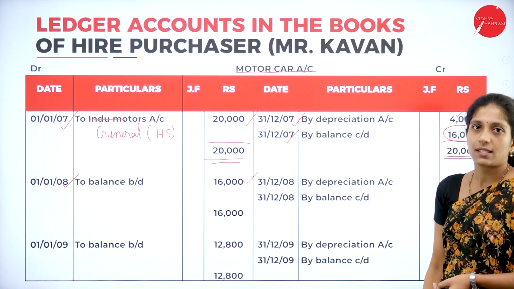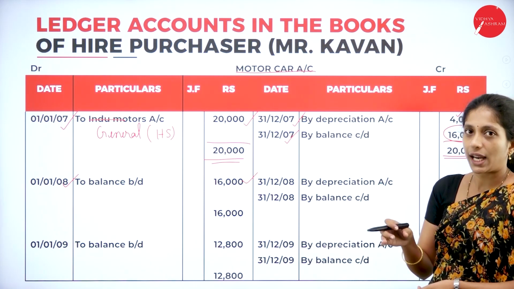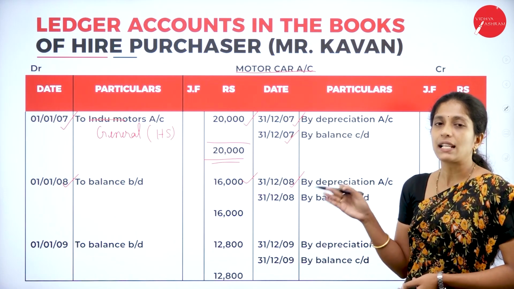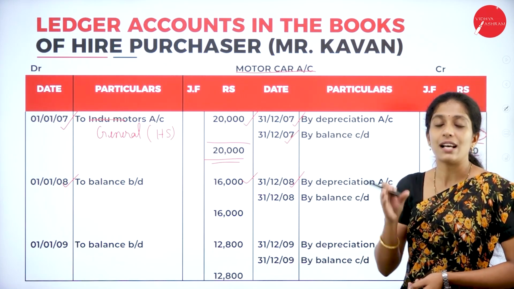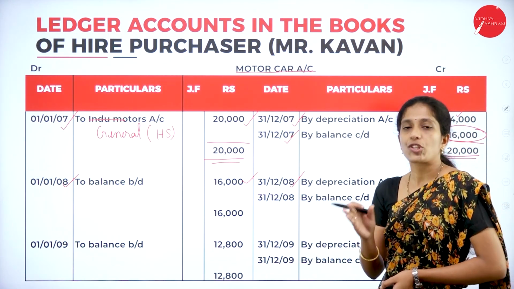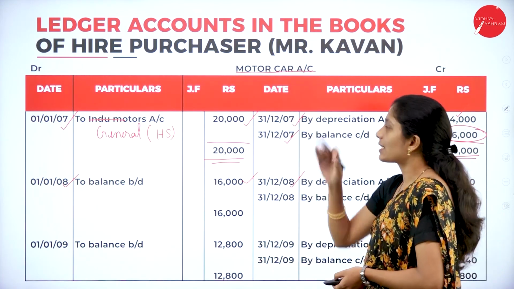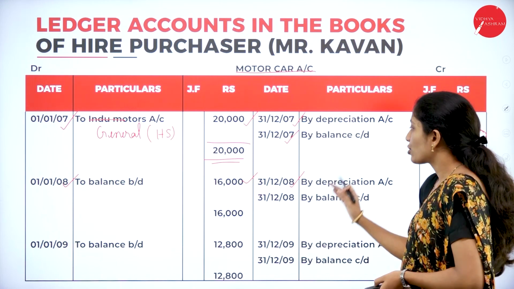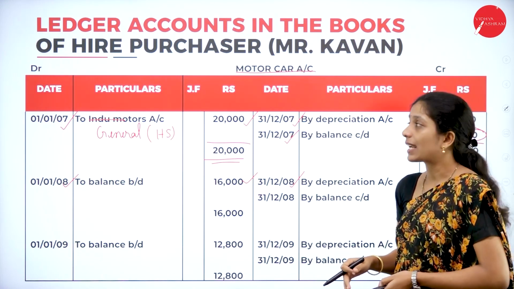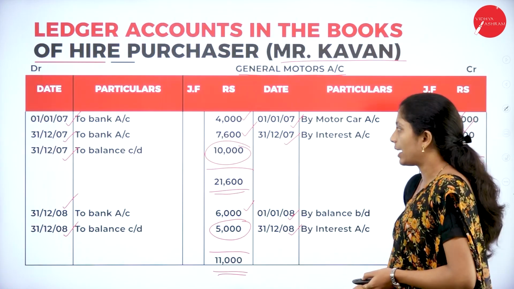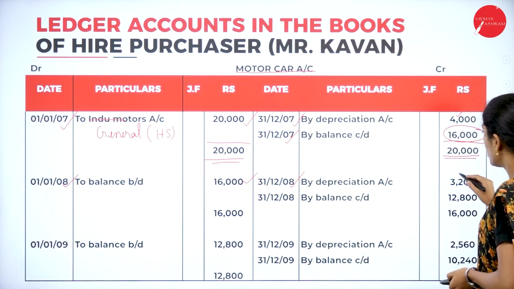Next, charge depreciation. 31st 12/08, that is the end of that particular year, 2008, by depreciation account. What is the entry for the depreciation charge? Depreciation account debit to asset account. Here the asset is the motor car. What is the second year depreciation? That is 3,200. So write that 3,200.